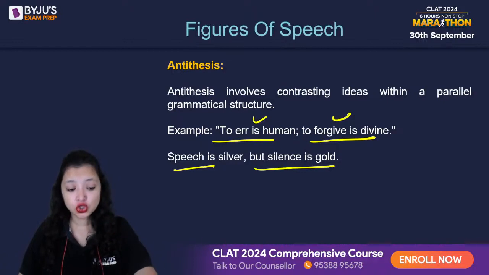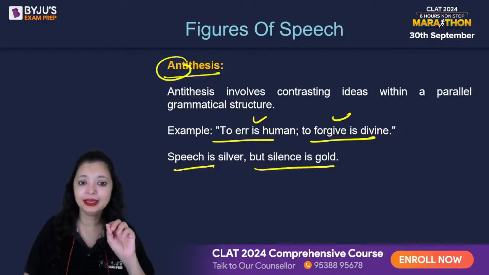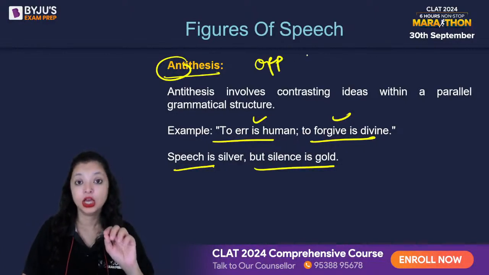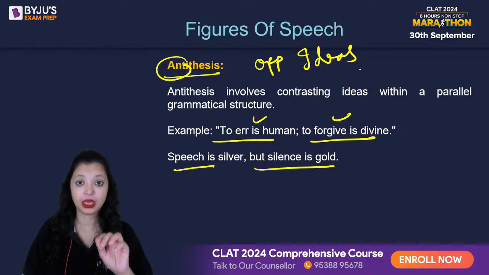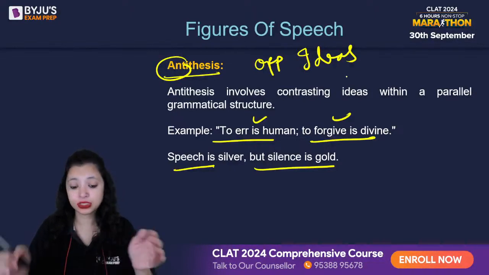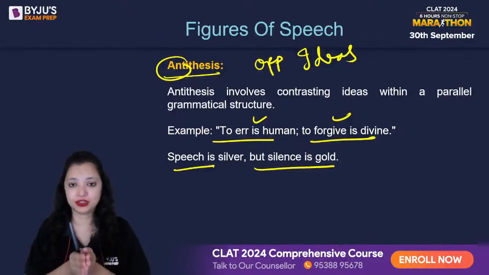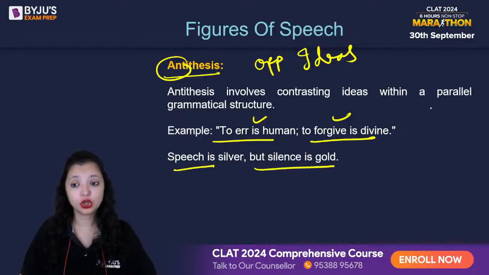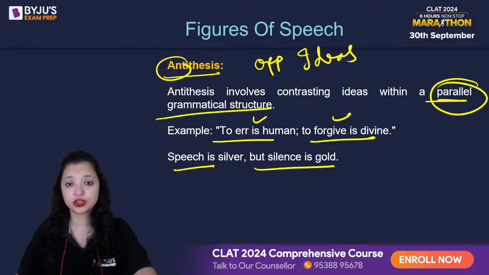So in a nutshell, in antithesis, anti means opposite. You have opposite ideas in two independent clauses, and both the independent clauses will be close to each other, but the opposite words and opposite ideas will not be adjacent to each other, and both the clauses will be parallel in their grammatical structure.